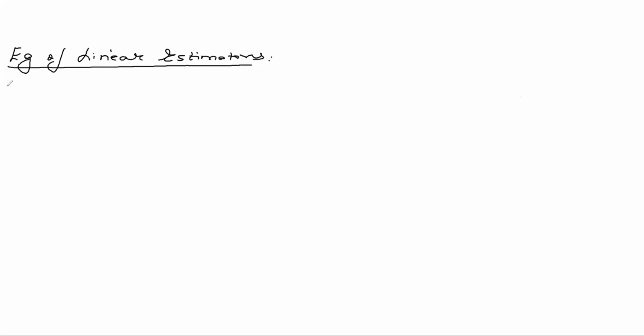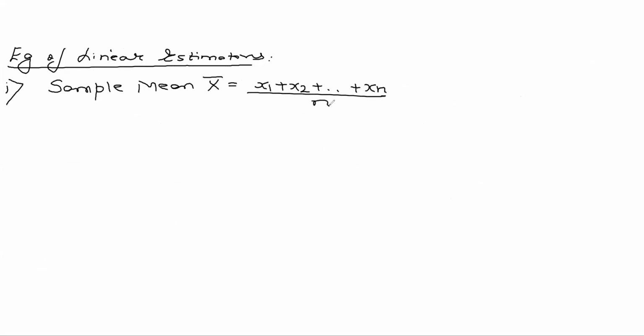First of all, all of us know the sample mean x bar, which is x1 plus x2 plus ... xn divided by n, is a linear estimator of the population mean mu. Why?